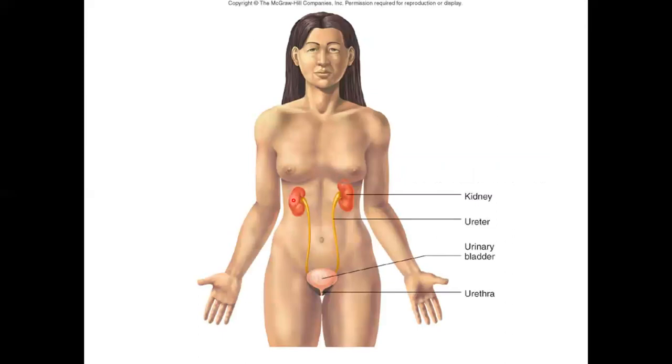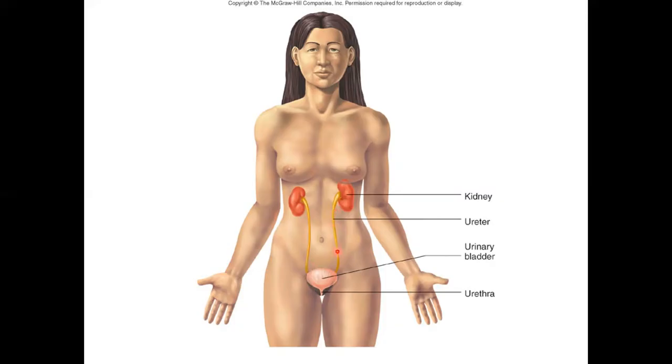The kidneys are retroperitoneally located, so they are in the back, and they're actually just above your ribs. And so I'll show you a better picture. But here are your kidneys. Notice your left kidney is a little bit higher than your right kidney. Then you have these really long ureters.